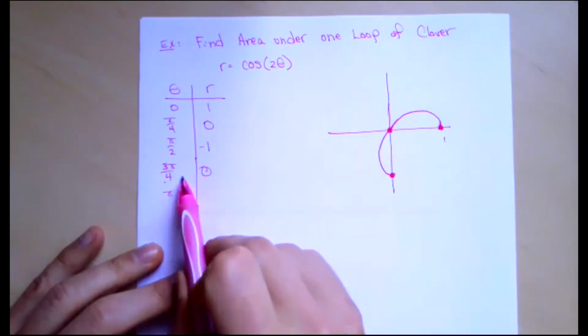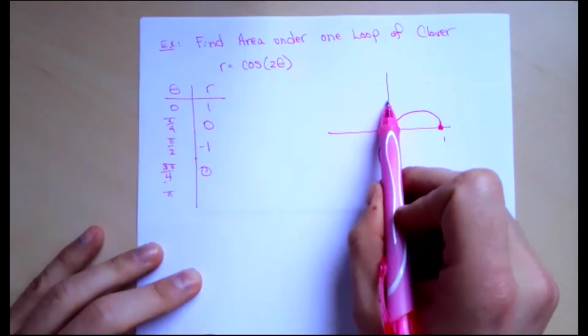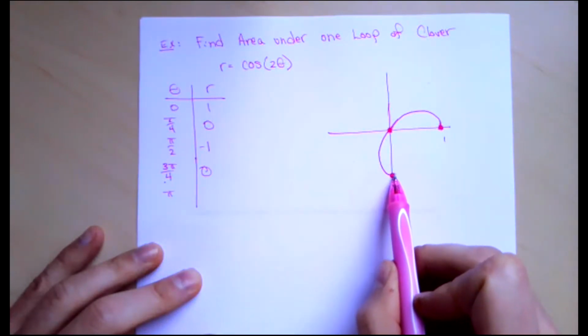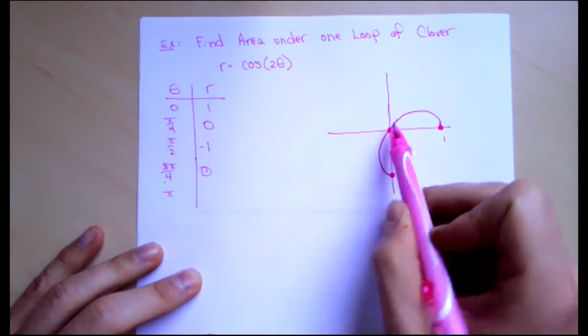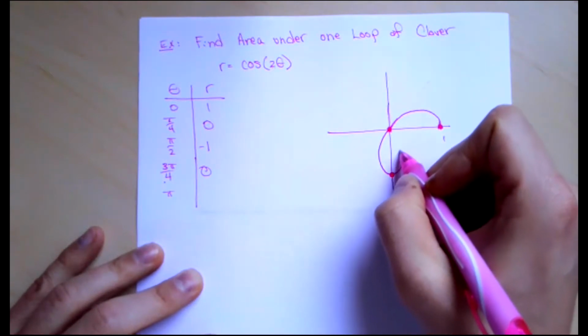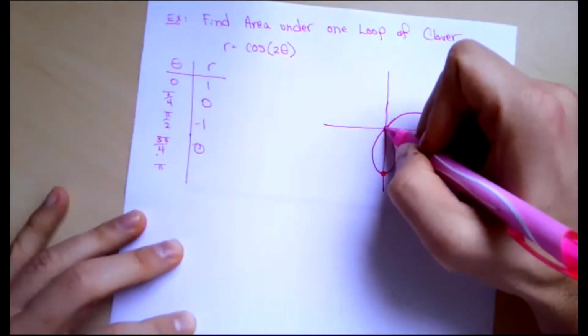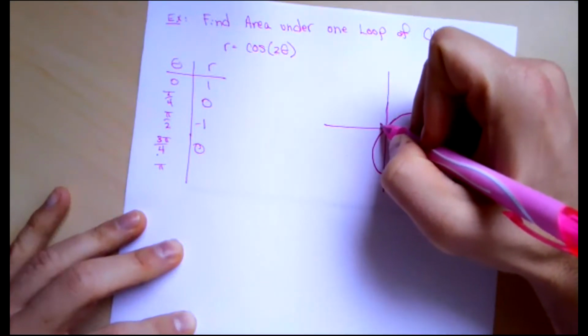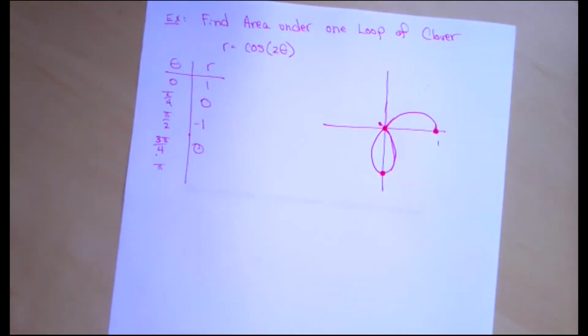We were at pi over 2, which was vertical, and I'm now at a negative radius. The radius is going to be negative and then slowly increase as the angle rotates around. So we're going to come back up this way and then pass through the origin again at a 45-degree angle, pointing in that 3 pi over 4 direction.